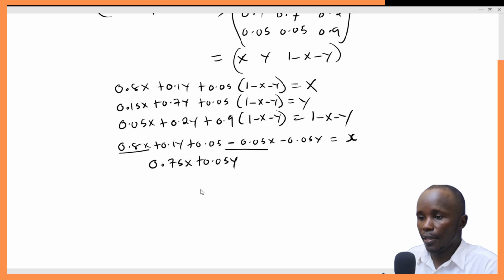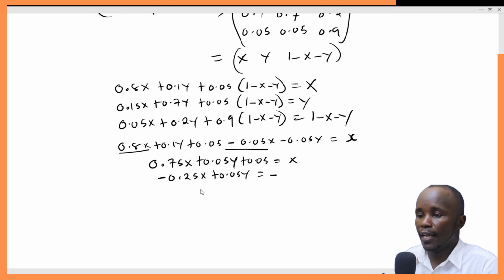I've skipped something. There is a number here without anything. This is plus 0.05 is equals to x. Add the like terms, when they come on this side, this becomes negative. You'll get negative 0.25x plus 0.05y is equals to negative 0.05. Good.